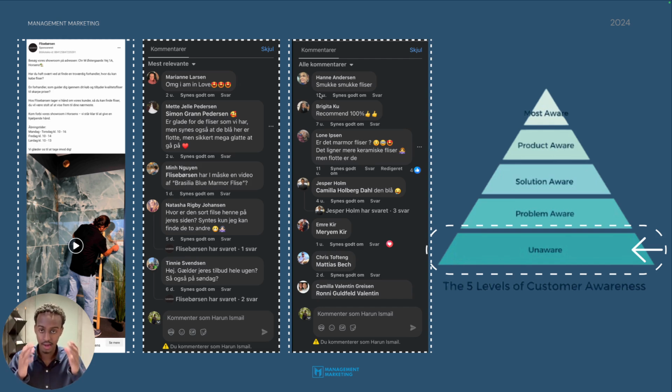And when they are in a stage where they want to convert later down the line, they will be more receptive to your brand, because you started the customer journey with a positive association with your products.